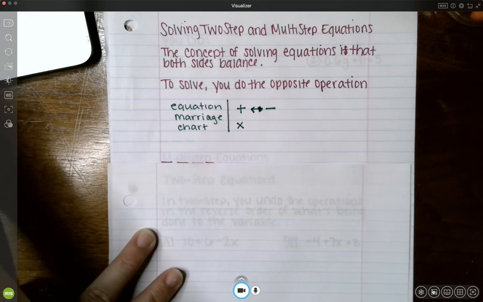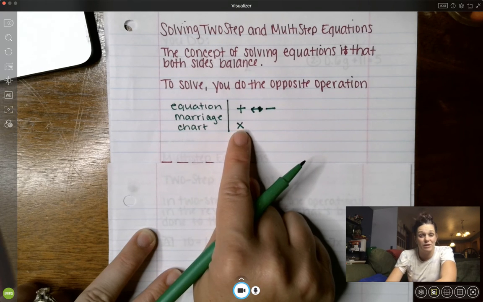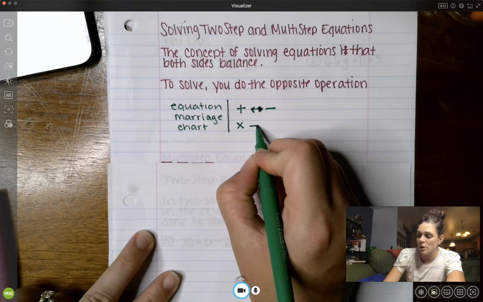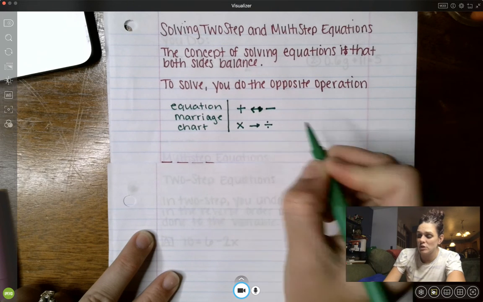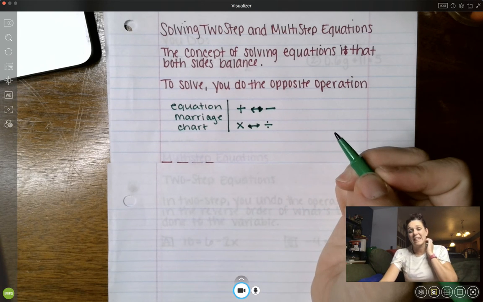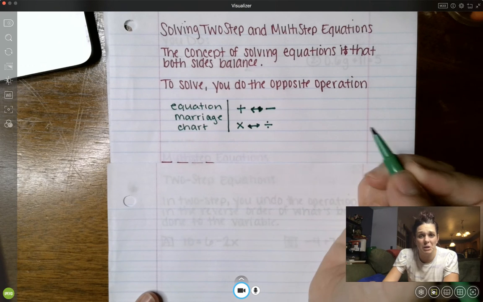Typically in 8th grade, we're using parentheses or the little asterisk. We don't really use the X because that looks like a variable, but for our chart, we'll include it. So multiplication is tied to division, and division is tied to multiplication. Those ones are pretty straightforward. You guys are used to mirroring those two together.